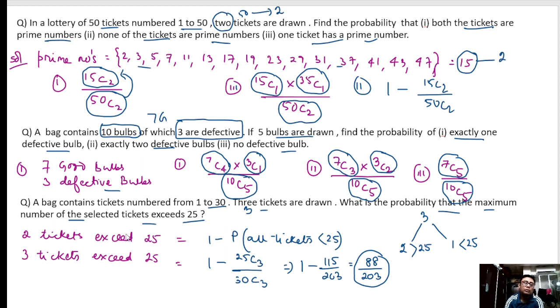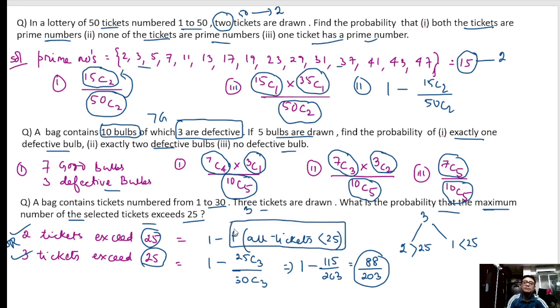So 2 tickets should exceed 25. Maximum number of tickets should exceed 25. That means 2 tickets can exceed 25 or 3 tickets can exceed 25. So how will you find 2 tickets exceeding 25? First find out the probability of the number of tickets less than 25.